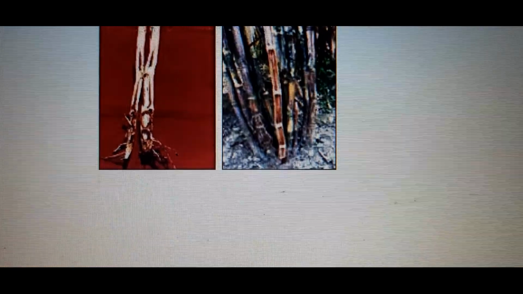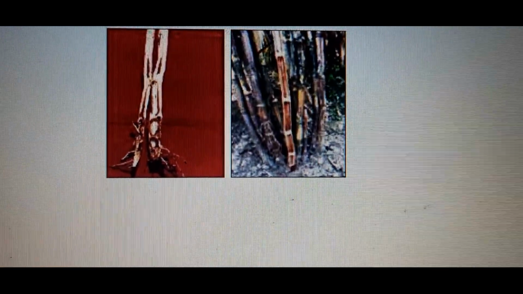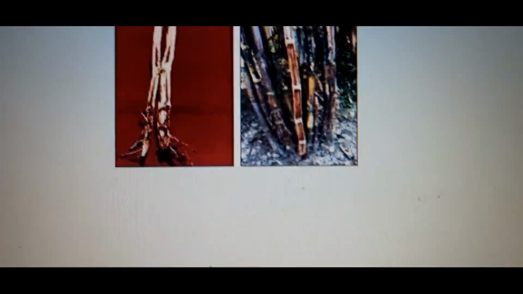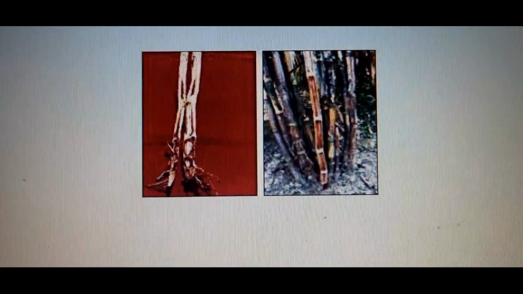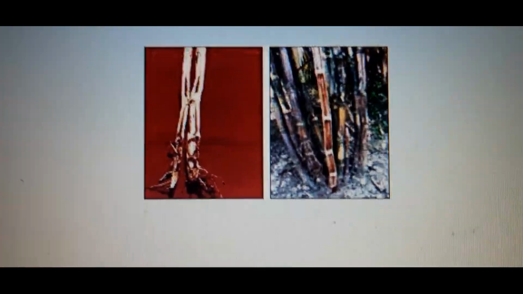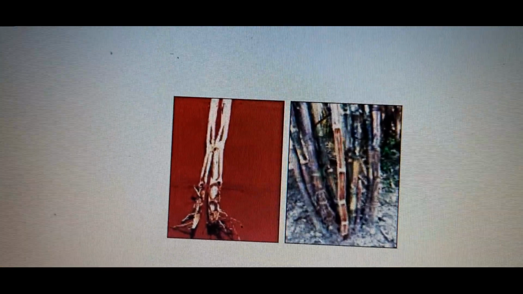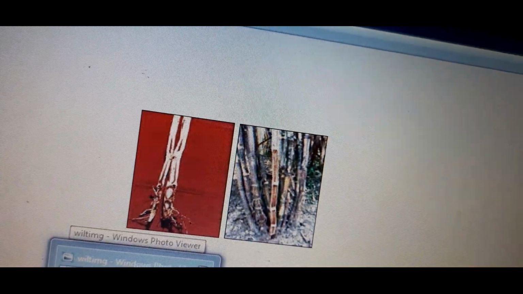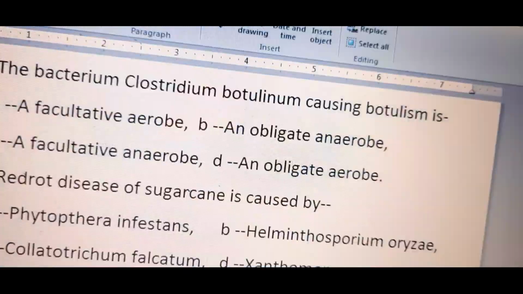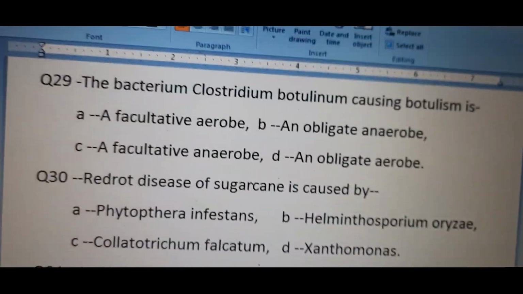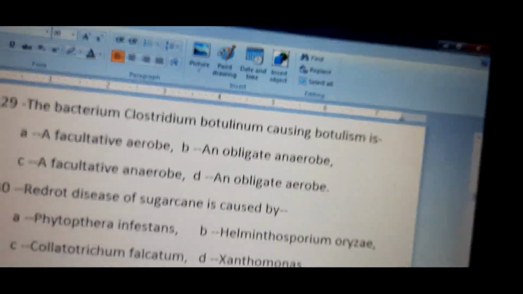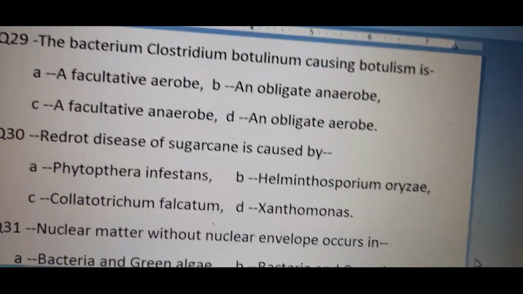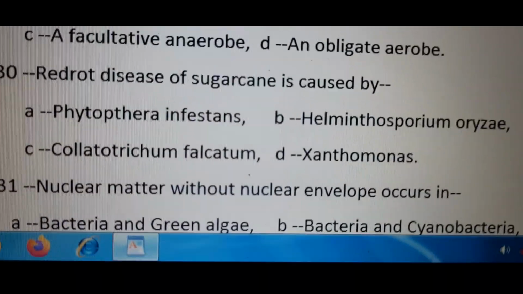When you are eating sugarcane, you will find some red colored thing inside there, in the tissue. That is nothing but red rot. It is in the leaves also, in the stem also like this. Okay, that is red rot caused by that organism. I just now have answered that. Colletotrichum falcatum is the answer for this.